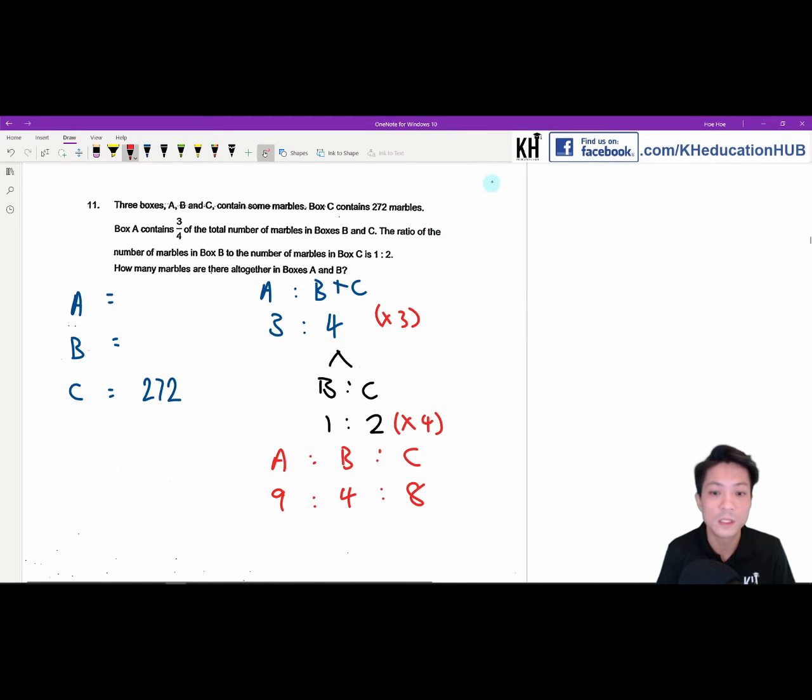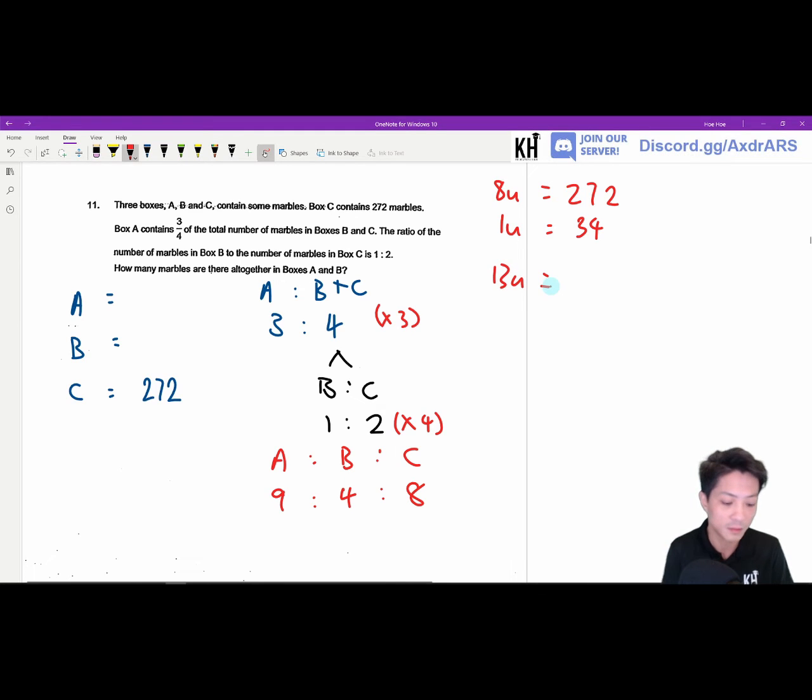Okay, with this, we know that 8 units is gonna be equal to 272. So 1 unit is gonna be equal to 34. And the marbles altogether in box A and B will be 13 units. Okay, 34 times 13 is equals to 442.